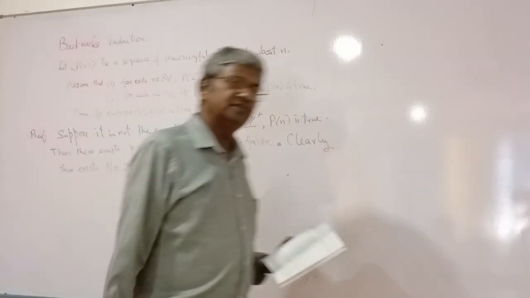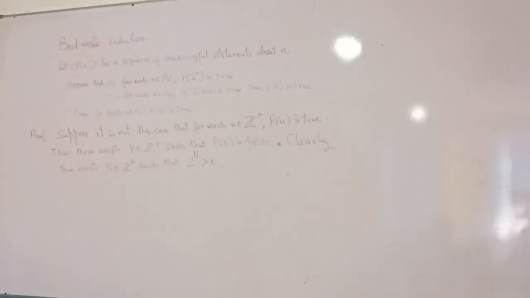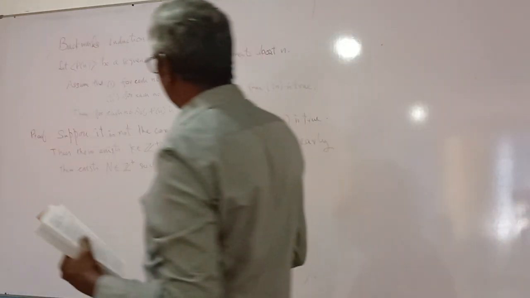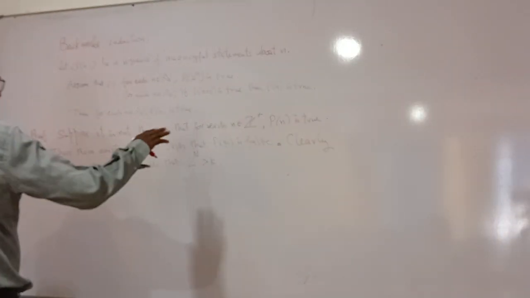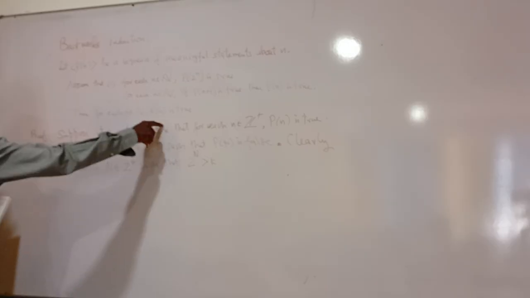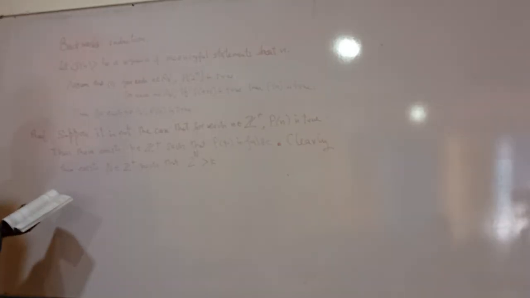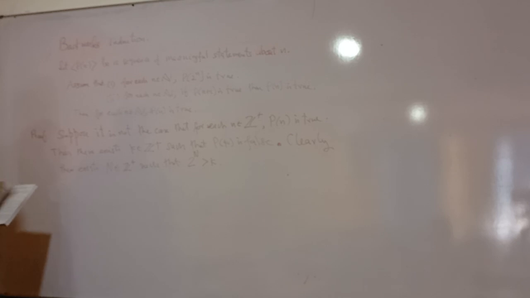So far correct? No? I am assuming 1 and 2 because I have said assume that. So then I am supposing that this line is incorrect. So there is some k belongs to Z plus such that Pk is false.